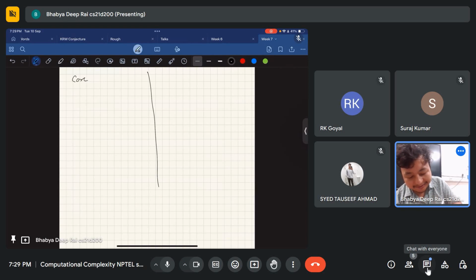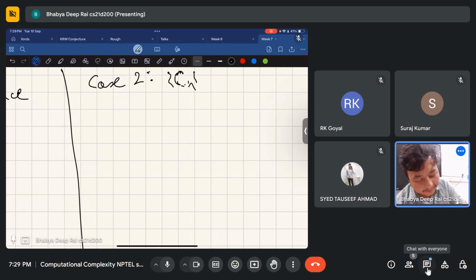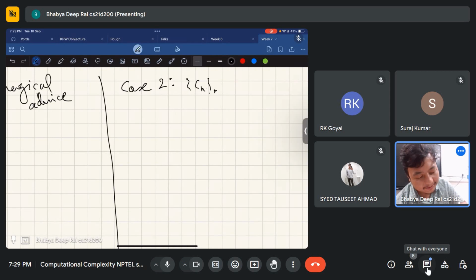One case is the magical advice case. Another case, which is the most simplistic case, is when the description of the Cn circuit family is computable in polynomial time.